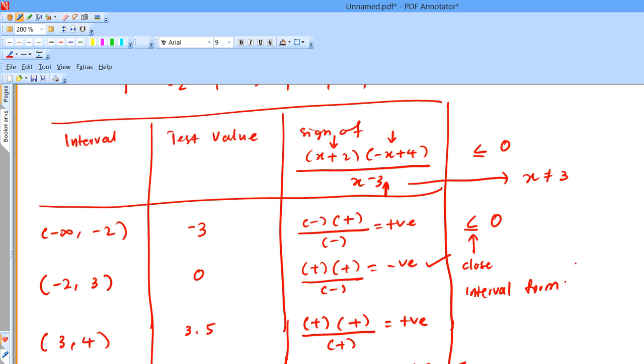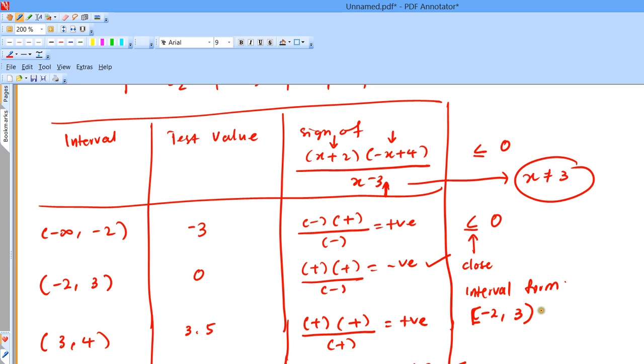Since we choose the second interval, we have -2 and then 3. We will use a close bracket: -2 close bracket and 3. Since x must not equal 3, we can't use a close bracket, we will use an open bracket.